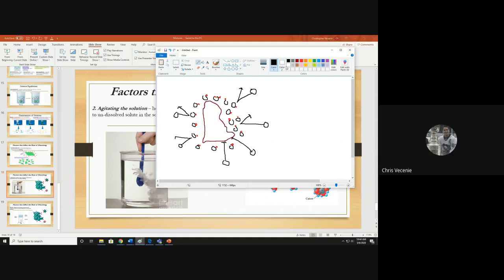So what we can do by stirring this is take all these particles, and when we stir it, we wash these guys to the outside. And once we eliminate those, all of a sudden, all these new waters have free access to keep diving in and binding.